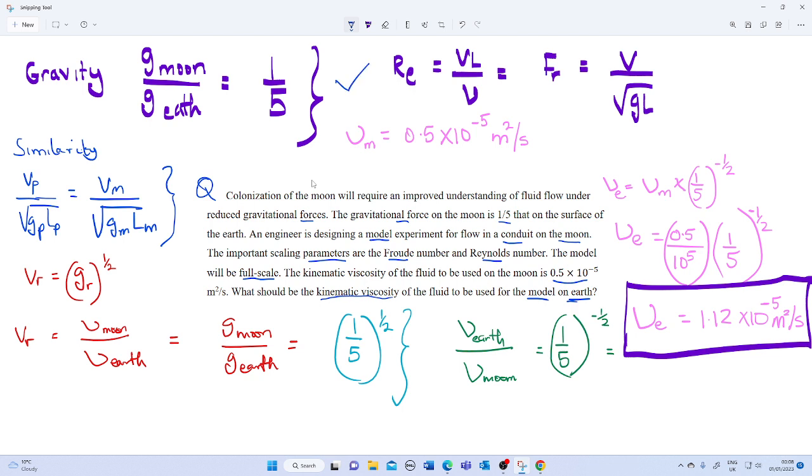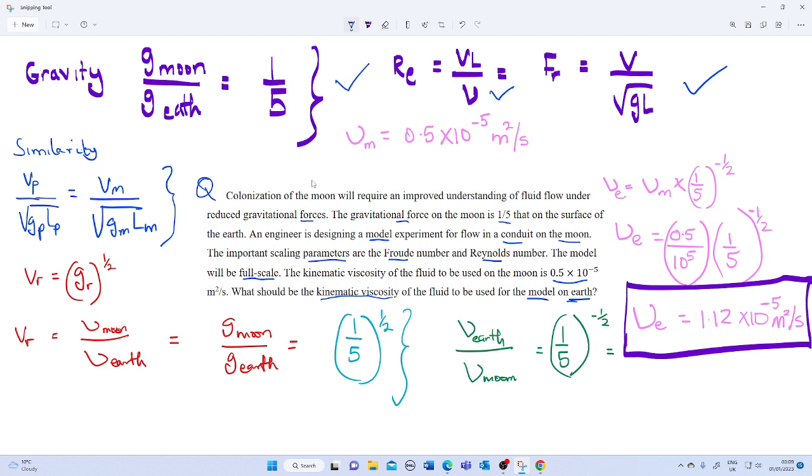By using the formula for the Reynolds and the Froude numbers, we have the Reynolds number equation to be VL over the kinematic viscosity, and the Froude number equation to be V over the square root of GL.